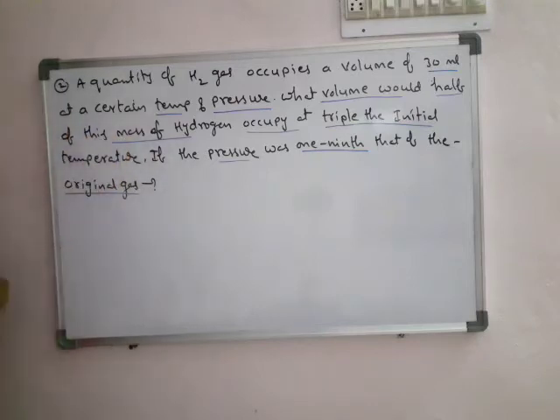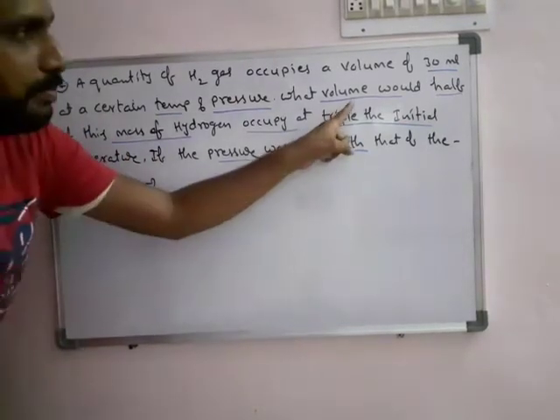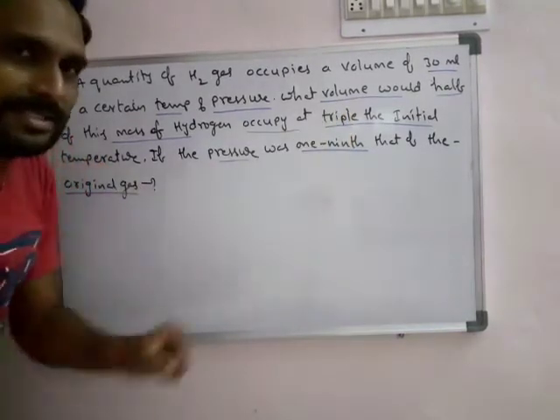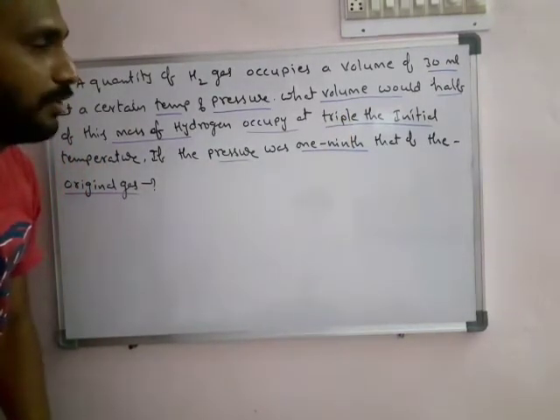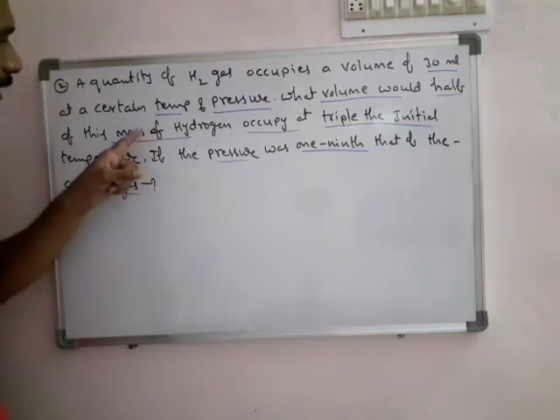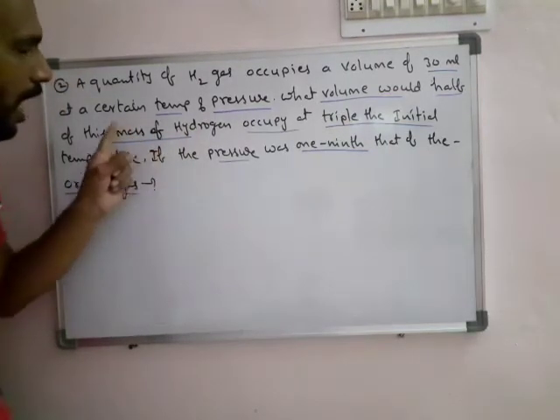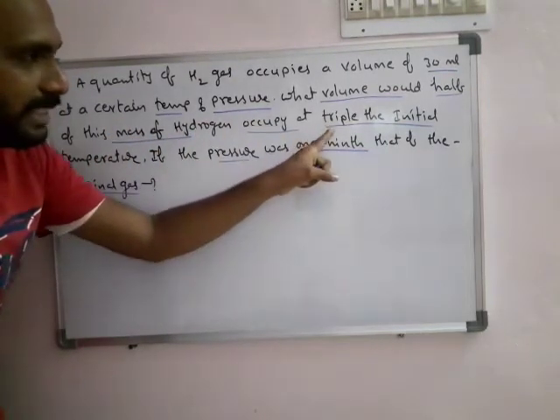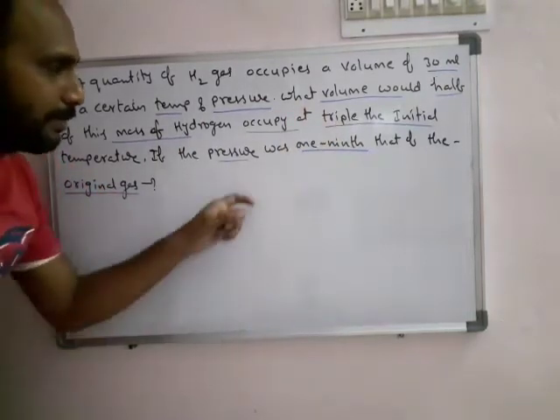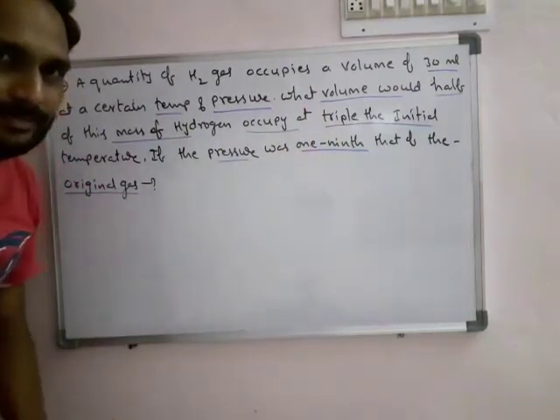So we need to find the volume. What volume makes the mass of hydrogen half, its temperature triple and its pressure 1/9.